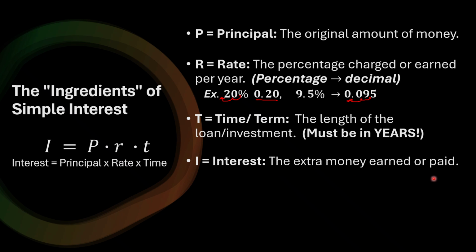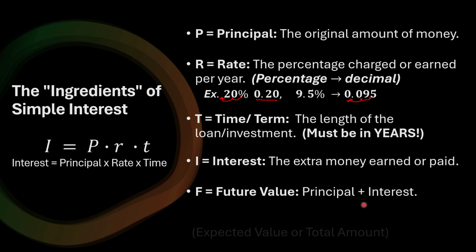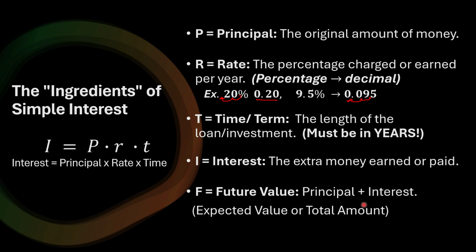If you are going to borrow money, you must return the principal plus the interest. This is called the future value. We can get the answer by adding the principal and the interest. This is also known as the expected value or the total amount.